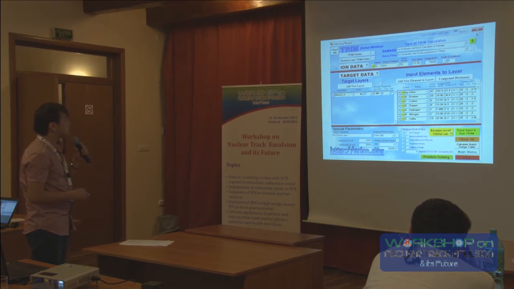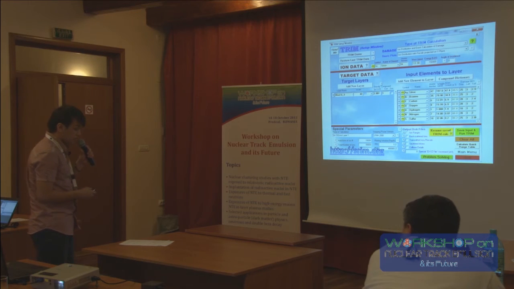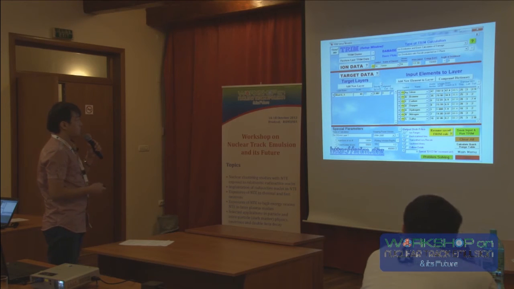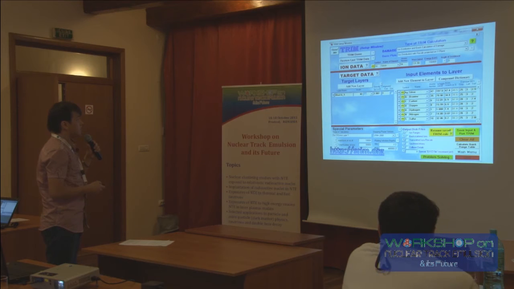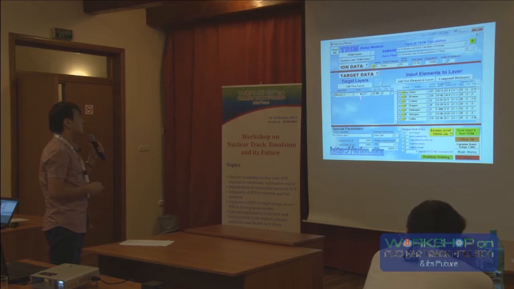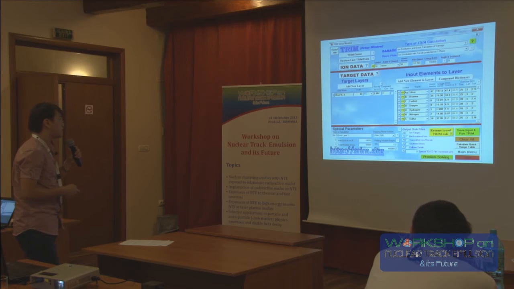In this slide, you can see a screenshot of the simulation program SRIM. It means stopping ranges of ions in matter. You can choose isotopes of ions, add energy, and add the layer or layers if you have many.